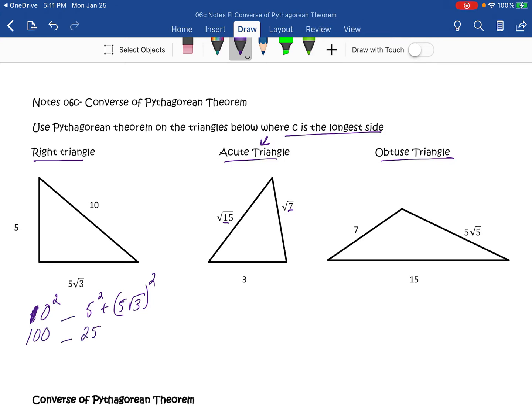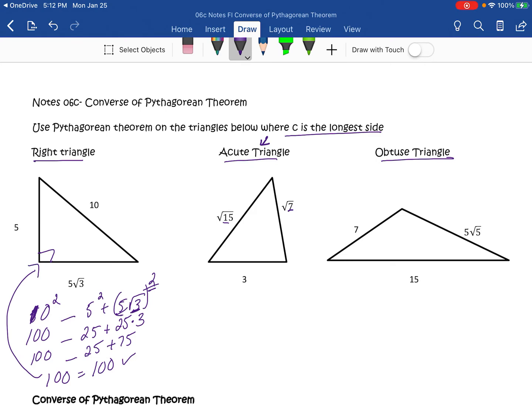Plus 5 squared is 25, and radical 3 squared is 3, so 25 plus 75. Well, 100 is equal to 100. So this has to be a right triangle, because the Pythagorean theorem only works on right triangles.